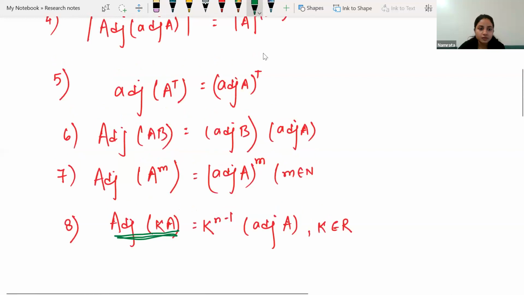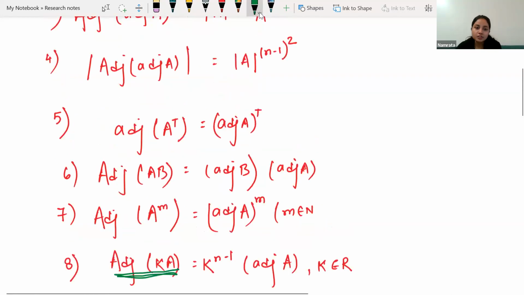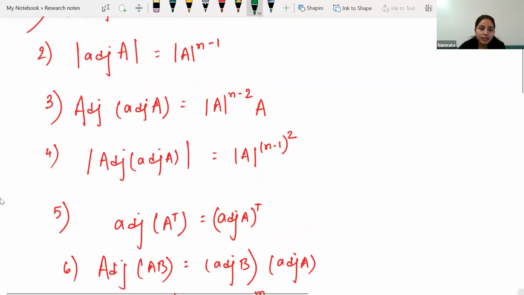Okay, instead of that property, if we apply this one, property number 3, where adjoint of adjoint A is equal to determinant of A to the power n minus 2 times A, let's use this property.